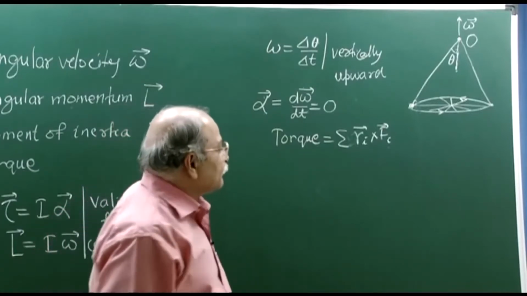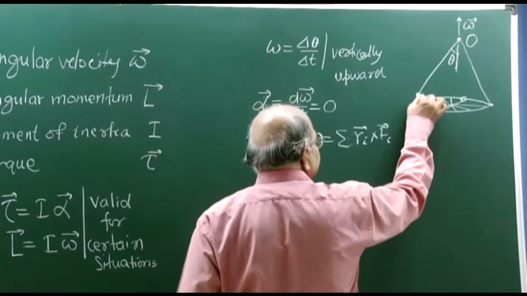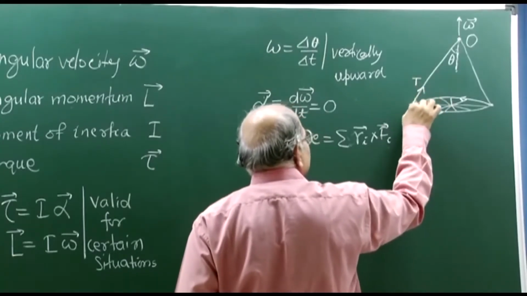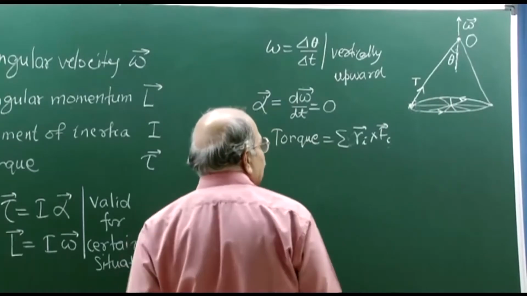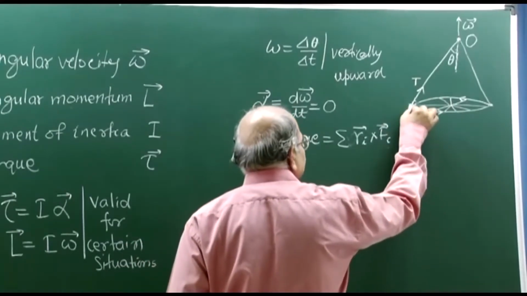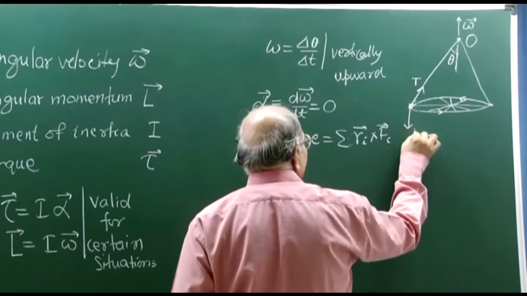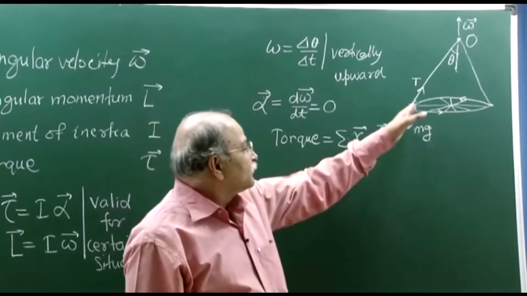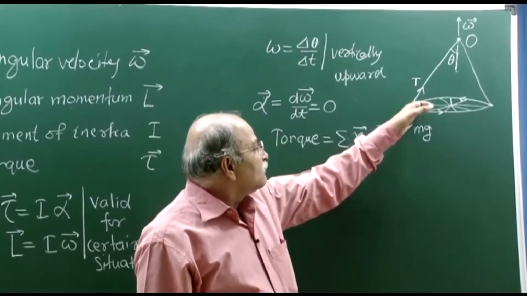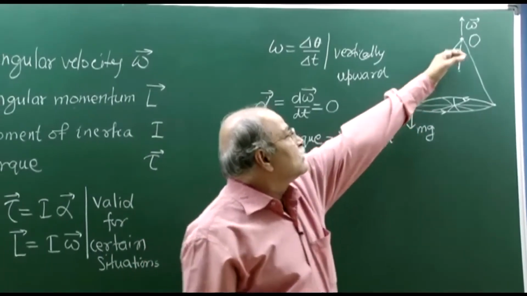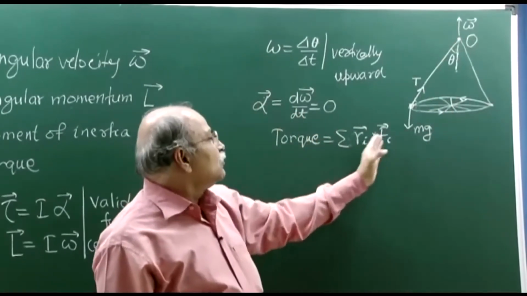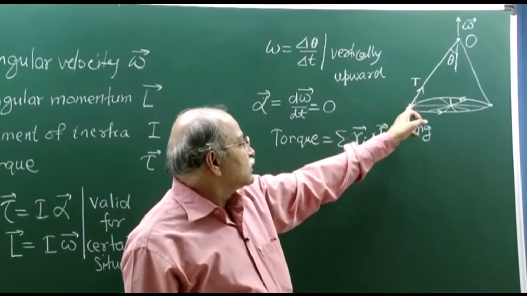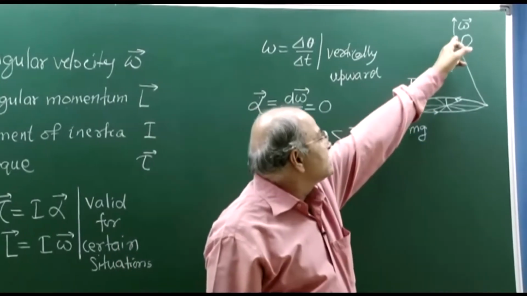Here the forces are the tension of this thread on the particle, and then the weight. These are the two forces that I can see. The torque of this tension force about this origin should be 0, because the force is acting at this point and the origin is here.